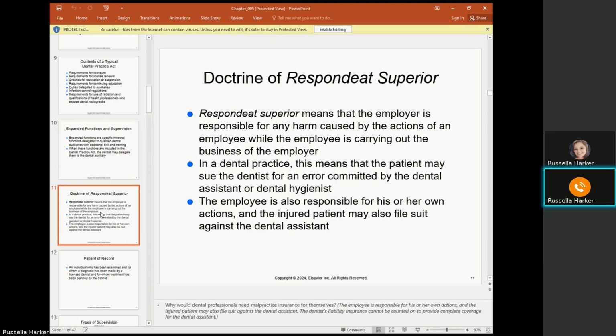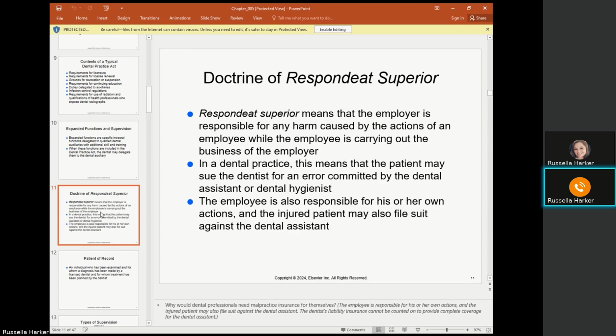So the dentist can be sued by a patient for an error committed by the dental assistant, dental hygienist, or the dentist. But the patient can sue the dental hygienist or the assistant as well. So the employee is responsible for their own actions, and the injured patient may also file suit against, like I said, the dental assistant.